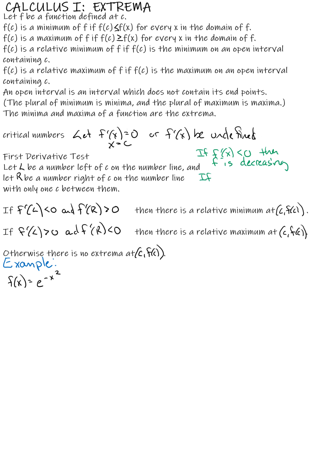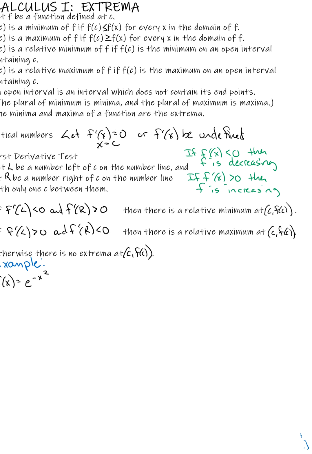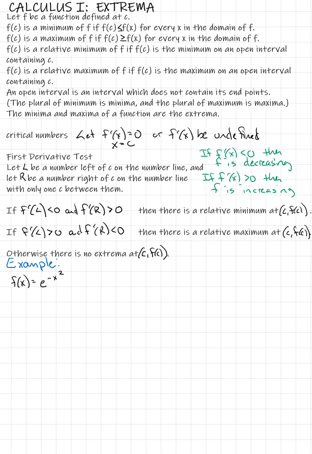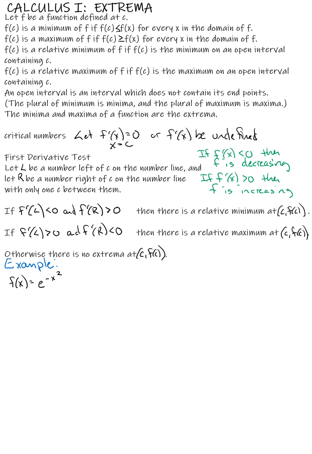And if the first derivative is greater than 0, then our function f is increasing. So, big thing to remember here is that the first derivative gives us increasing or decreasing. Again, the first derivative tells us if our function is increasing or decreasing.